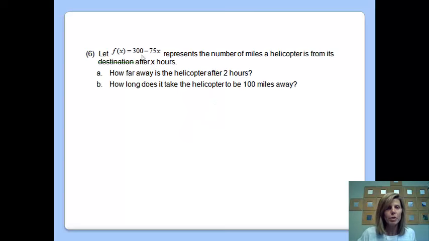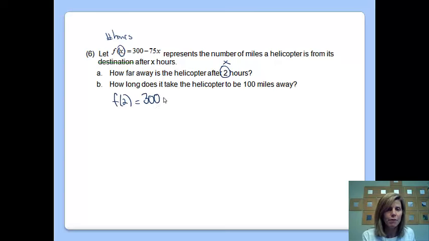All right, let's do one more example. Let f of x equals 300 minus 75x represent the number of miles a helicopter is from its destination after x hours. So just remember the x stands for the number of hours. All right, and it says how far is the helicopter after 2 hours? And if we look at this, this is just going to be our x because we know x is a number of hours. So wherever I see an x, I'm going to put a 2.